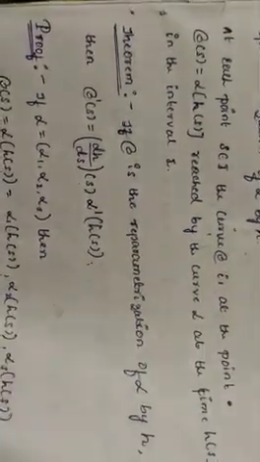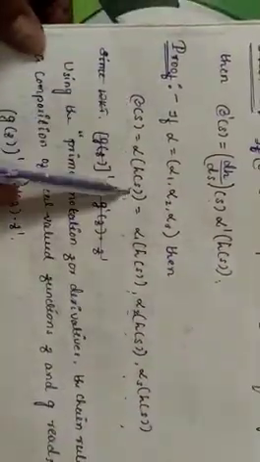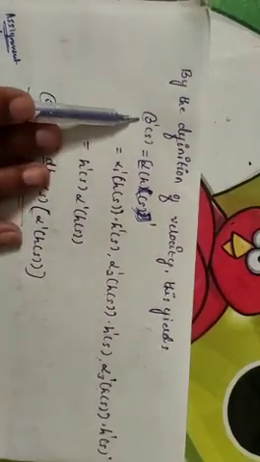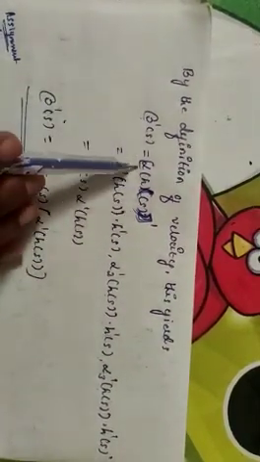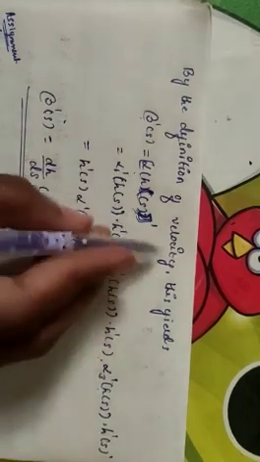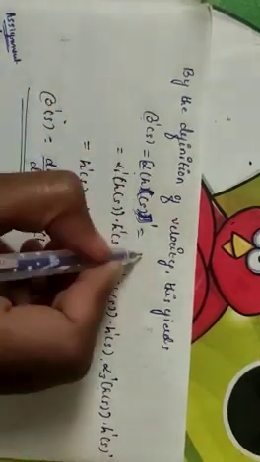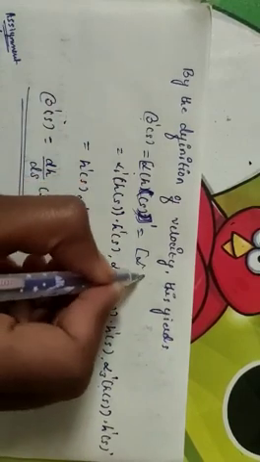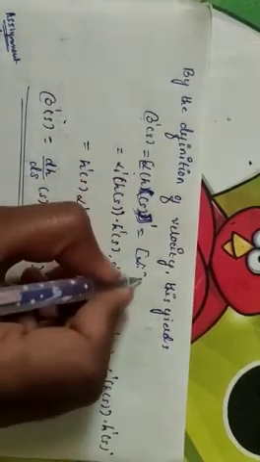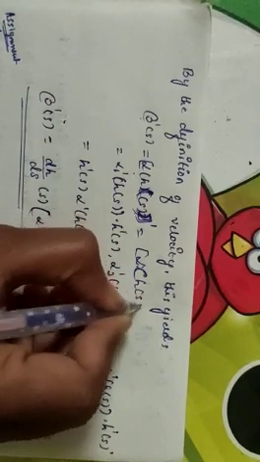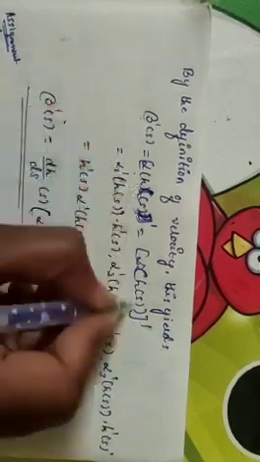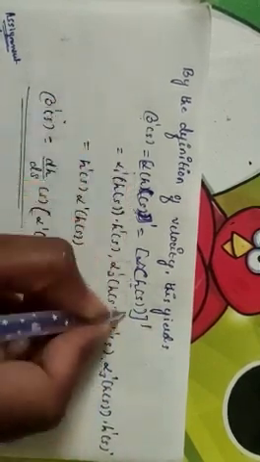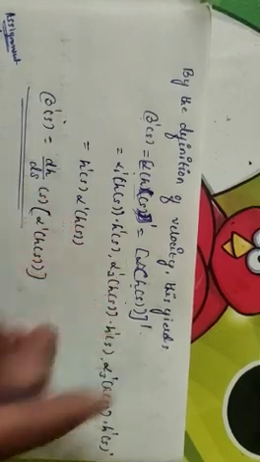So we know that beta of s is equal to this. Now differentiate this, then we get beta dash of s is equal to, observe here, by the definition of velocity, beta dash of s is equal to alpha of h of s, whole dash. If it is not clear, look, alpha of h of s, whole dash, this is how it is written. I have written it once more so that you understand: alpha of h of s, whole dash.